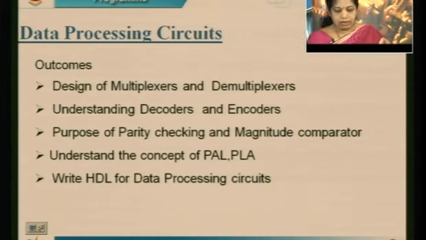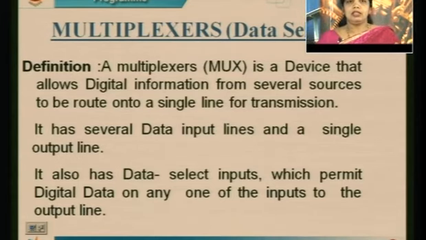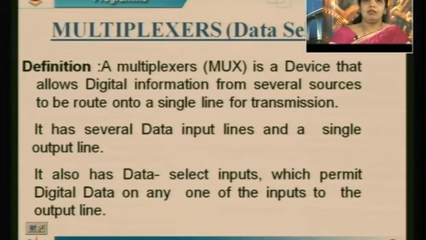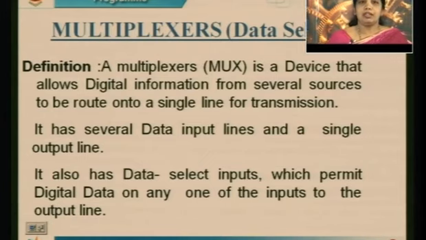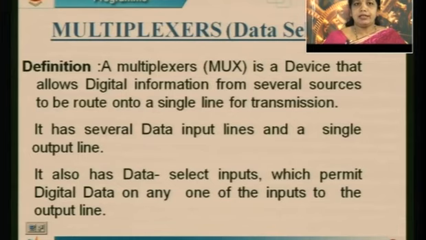So let me start with the multiplexer. A multiplexer is once again a combinational circuit, a device that allows digital information from many sources to be routed onto a single line for transmission. It is also called a mux, which carries many pieces of information, and out of these, one output will be redirected.